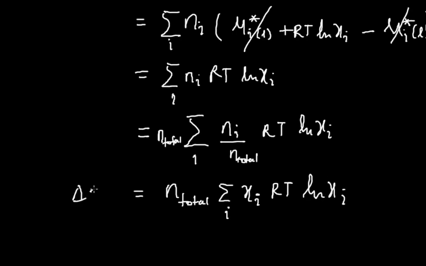So delta mix G is given by this, where n total is the total amount of all the constituents present in the solution.